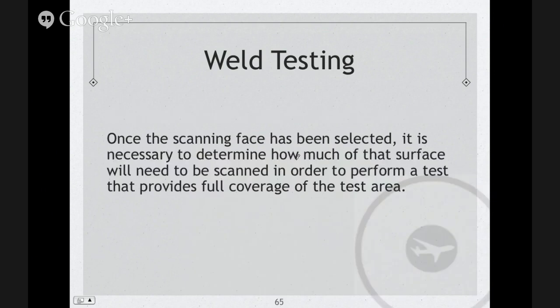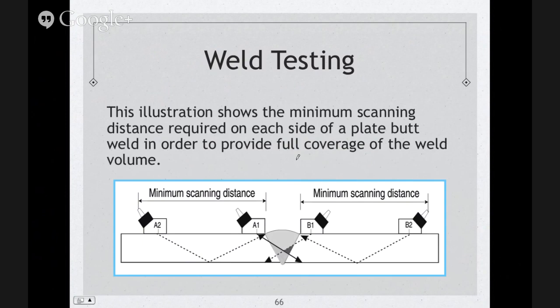Once the scanning surface has been selected, it is necessary to determine how much of that surface will be needed to scan in order to perform a test that provides full coverage. Right? That's what we said. So in an example, in position A1, we'll be scanning about this area, and at A2 you'll be scanning up here, right?